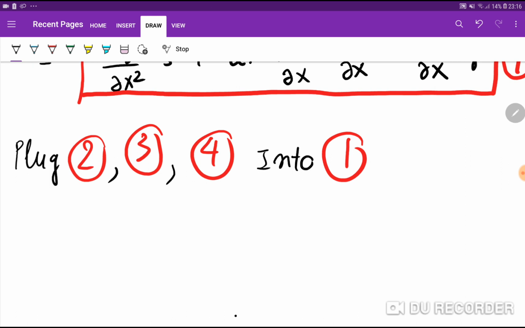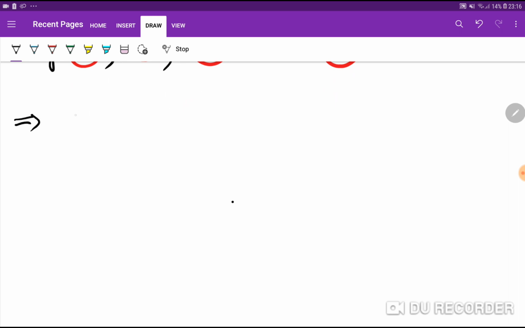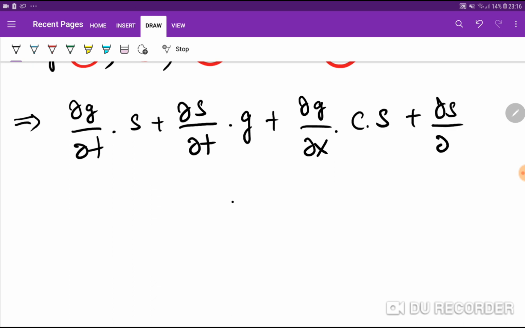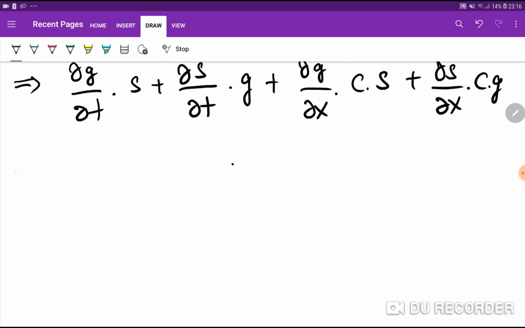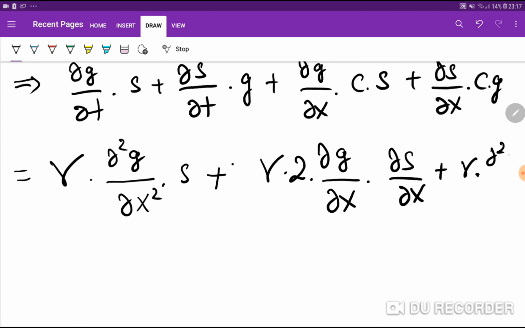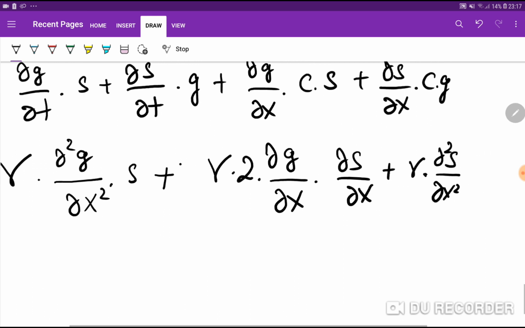We substituted in and we should get partial g over partial t times s, plus partial s over partial t times g, plus partial g over partial x times c times s, plus partial s over partial x times c times g, equal to beta times the second partial derivative of g with respect to x times s, plus mu times 2 times partial g with respect to x times partial s with respect to x, plus mu times the second partial derivative of s with respect to x, times g.